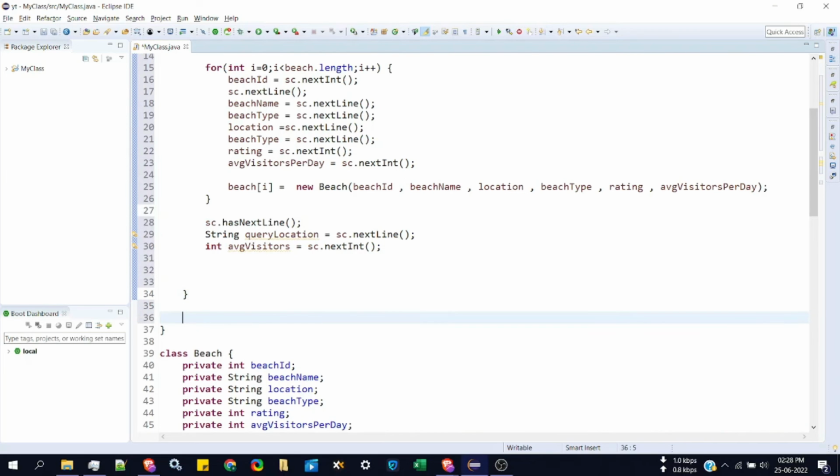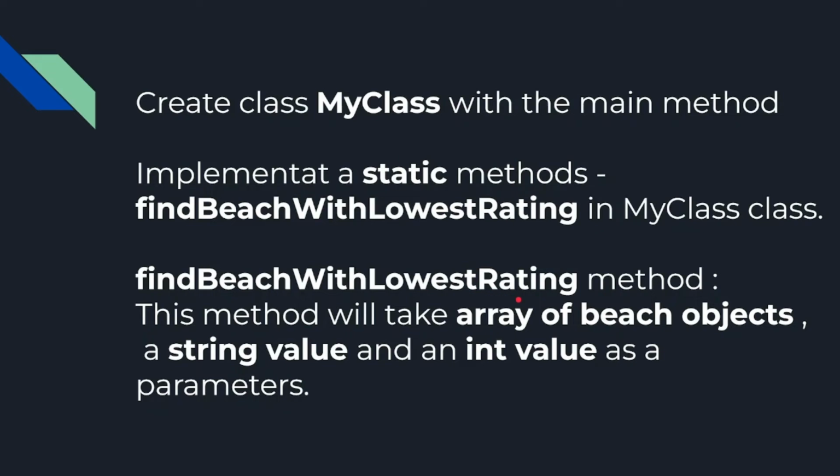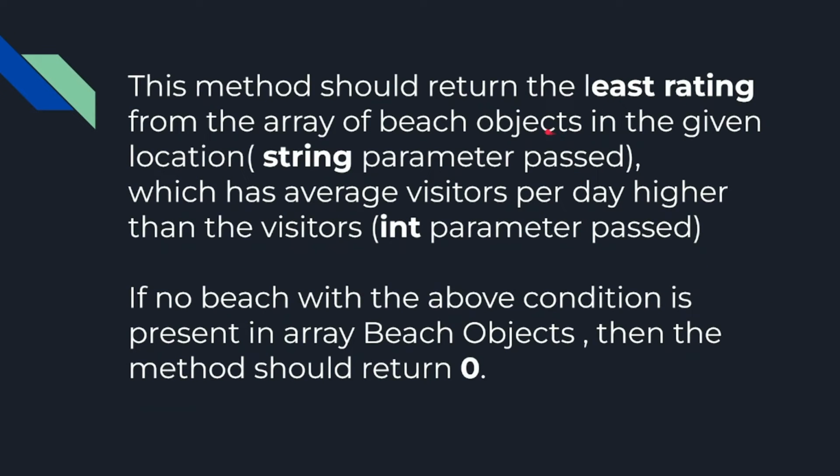Outside the main method we'll create the static method. So I will write static, and in the question they have specified this method should return the least rating from the array of beach objects which receives a location and average visitors per day, and if no beach with the above condition is present in the array of beach objects, then the method should return 0.